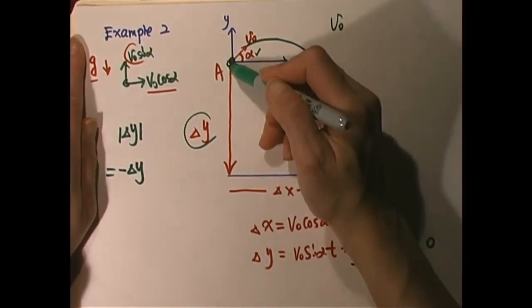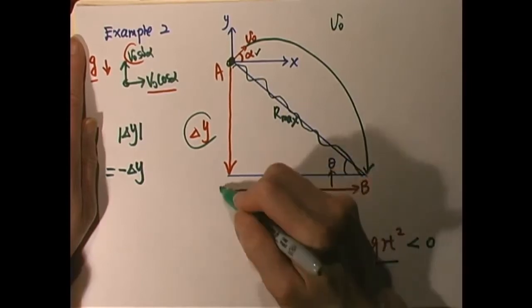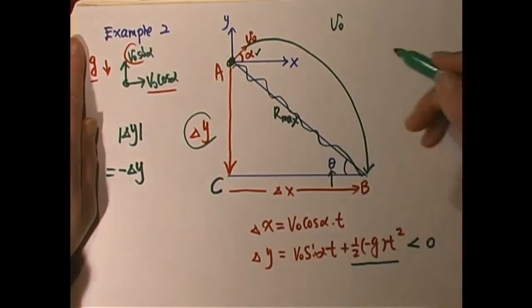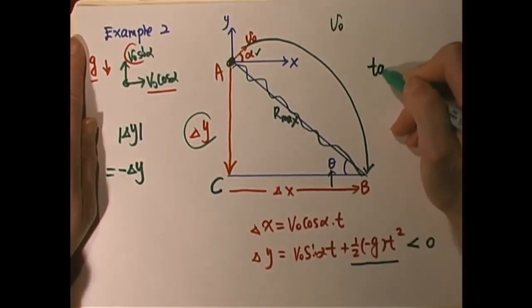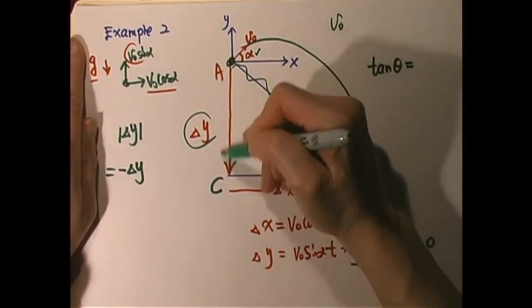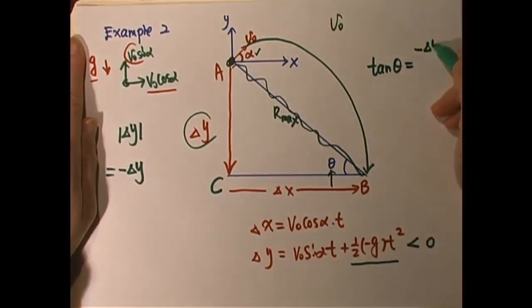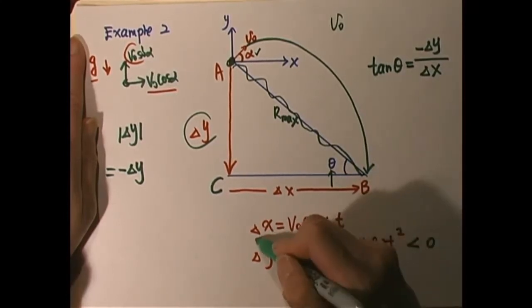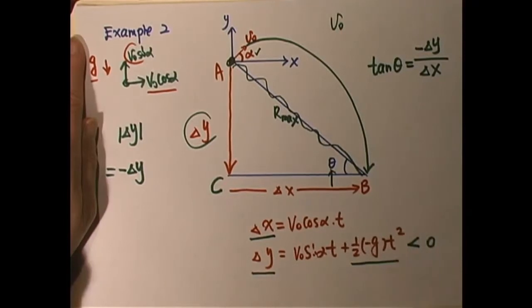If we talk about this right-angle triangle A, B, and this is C, isn't it true that tangent of theta equals this distance, which has to be negative delta y, because delta y is negative and a negative times a negative gives a positive, over delta x. So this tells us we can combine this delta x and delta y.